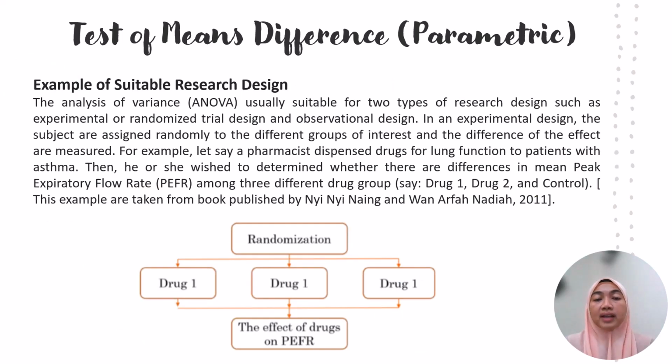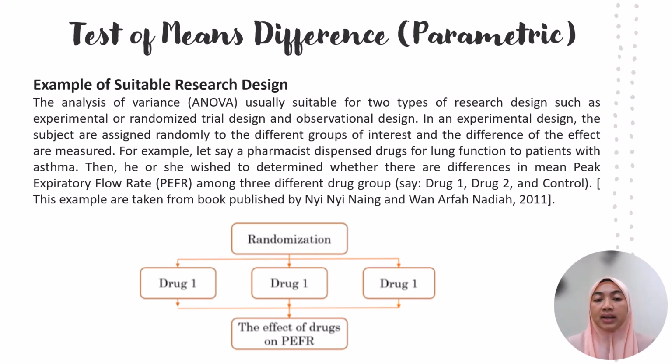We move to examples of suitable research designs in ANOVA. ANOVA is usually suitable for two types of research design: experimental or randomized trial design, or observational design. In an experimental design, the subjects are assigned randomly to the different groups of interest and the difference of the effect is measured.